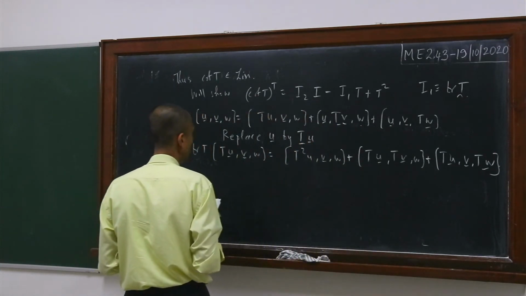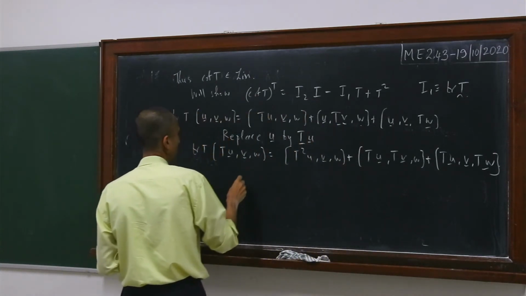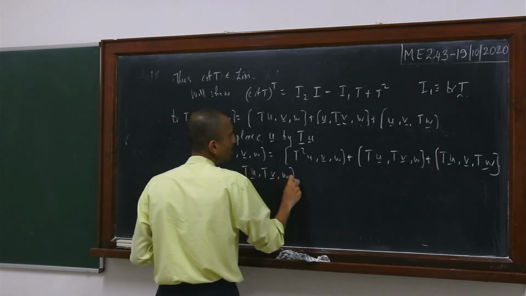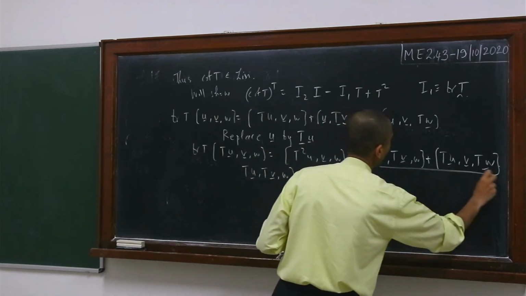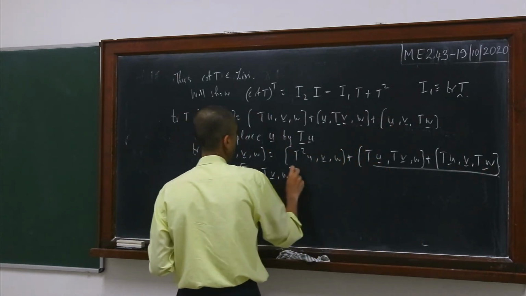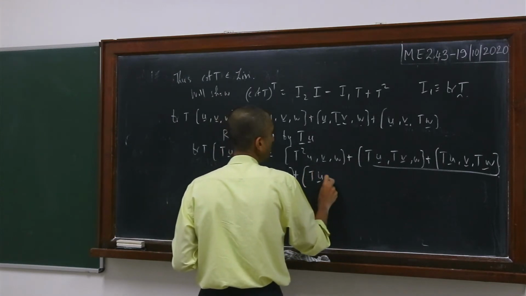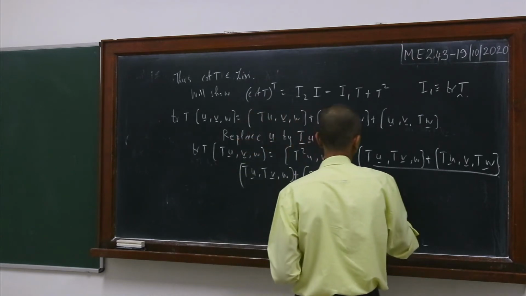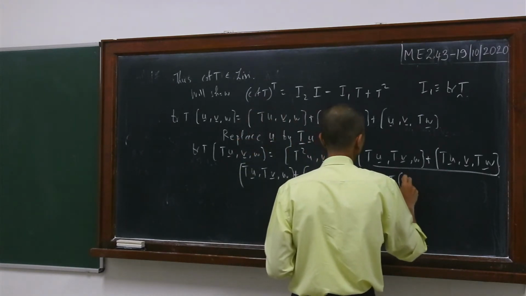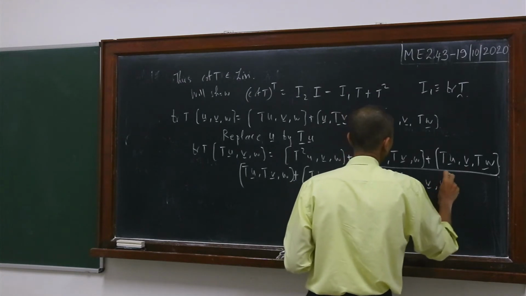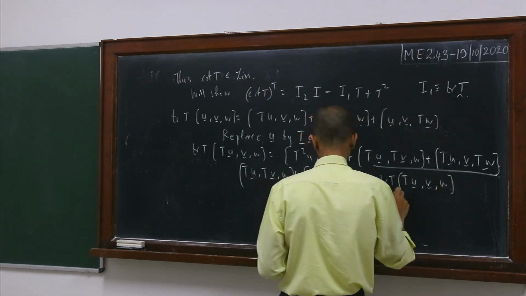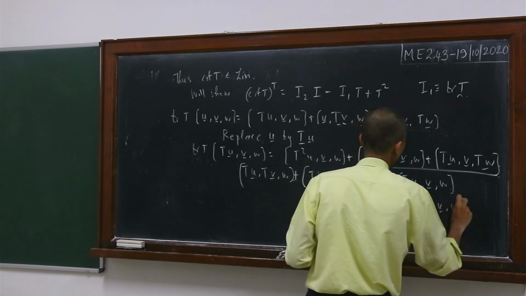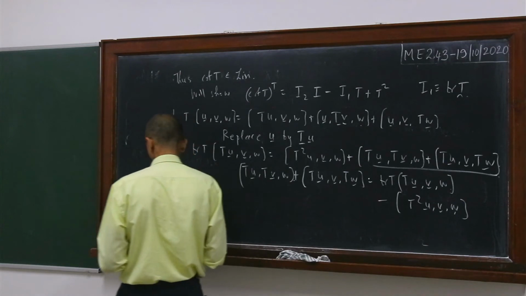If you rearrange this, then what you will get is that [TU,TV,W], I'm just rewriting this particular part here, plus [TU,V,TW] is equal to trace of T times [TU,V,W] minus [T square U,V,W]. So just rewrite this particular expression here.